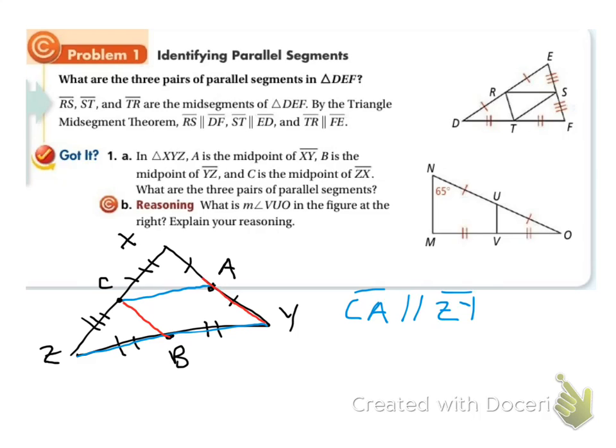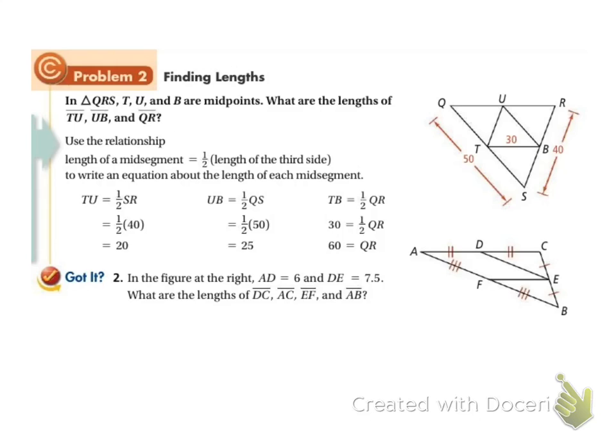CB is parallel to XY. And AB is parallel to XZ. There you go.